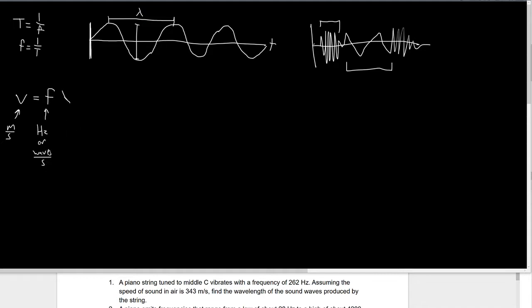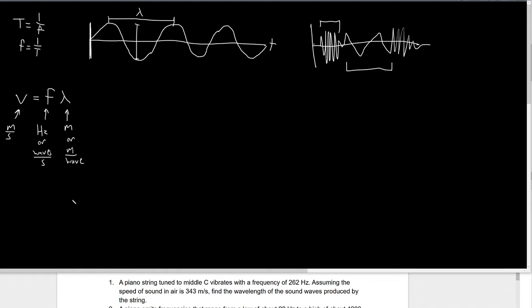And that's going to be times the wavelength, or how long each wave is. One way we can think about that is typically we measure it in meters, or in how many meters is one wave.